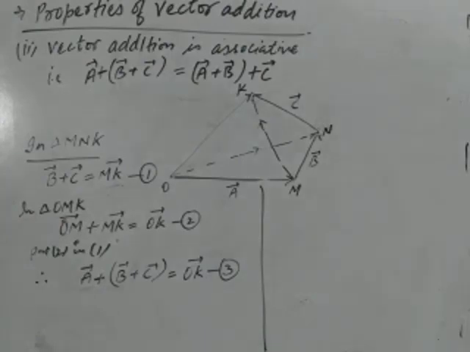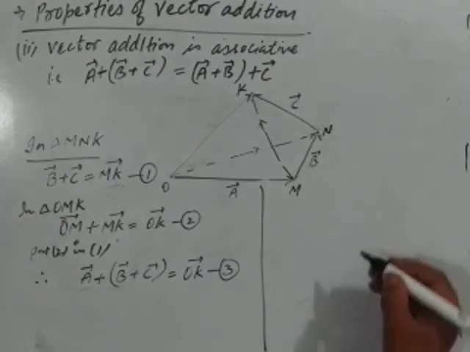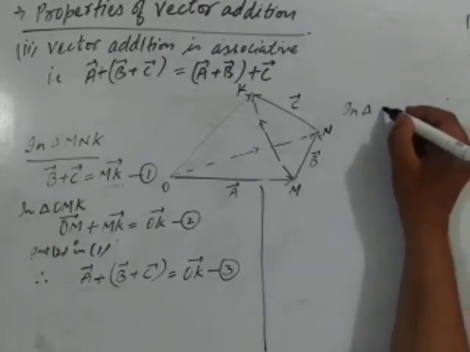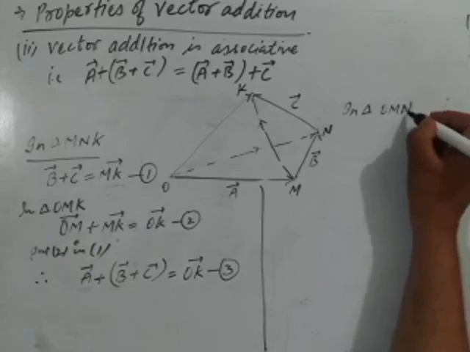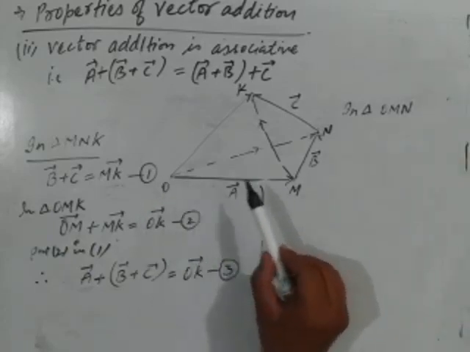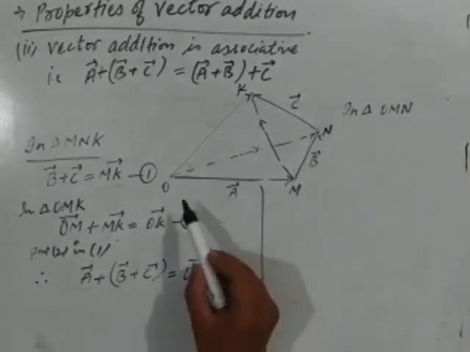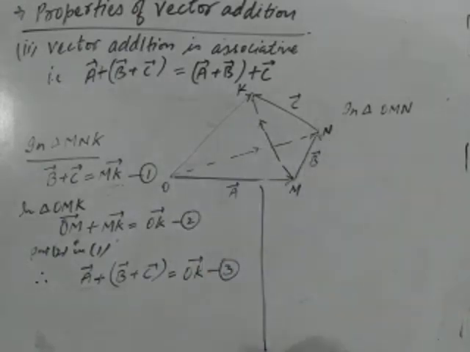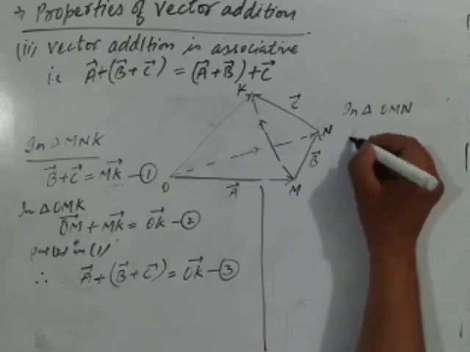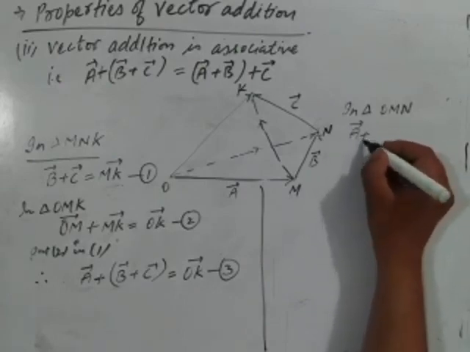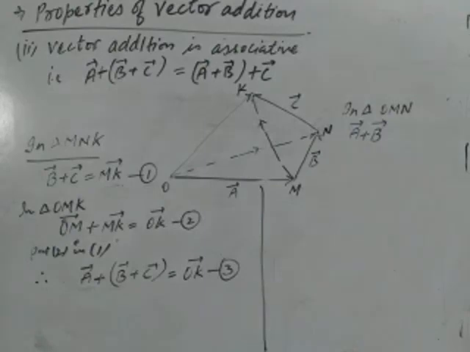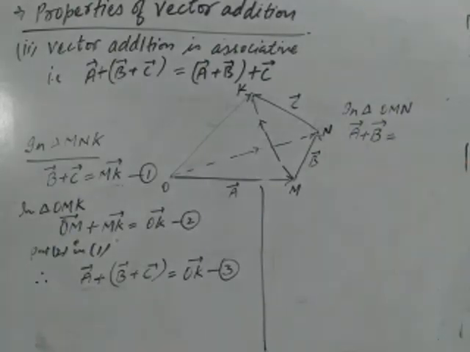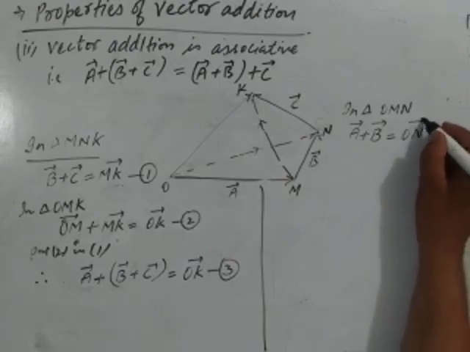Now take another case, triangle OMN. OM plus MN equal to ON. So this becomes A vector plus B vector equal to ON vector.